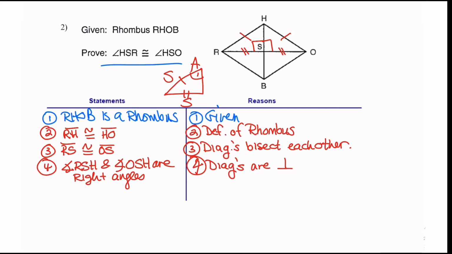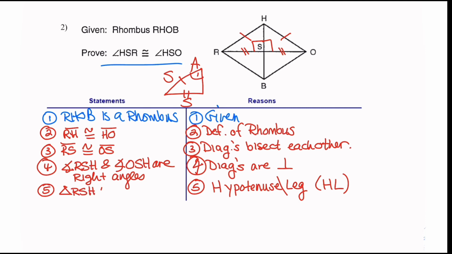And now this is where we see one of those obscure proofs come out, hypotenuse leg, which is typically known as HL. That's because we have two right triangles. So triangle RSH and triangle OSH are congruent to each other by hypotenuse leg.